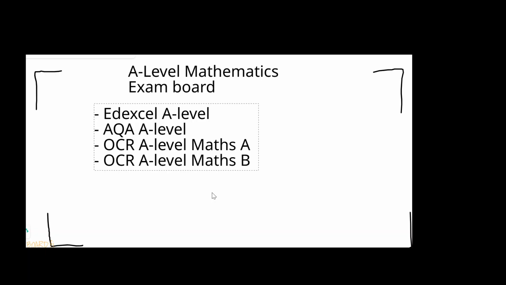Now, when you go on to write the exam, there are three main papers. So you have paper one, paper two, and paper three. So there are three main papers when you do the exam. Okay? And this is common for Edexcel and AQA.